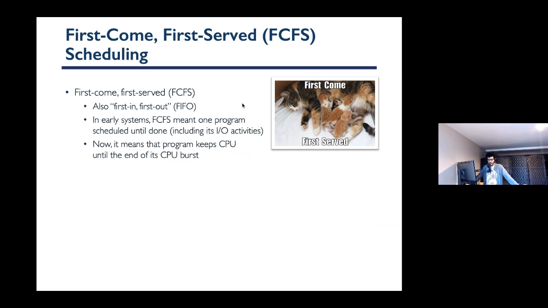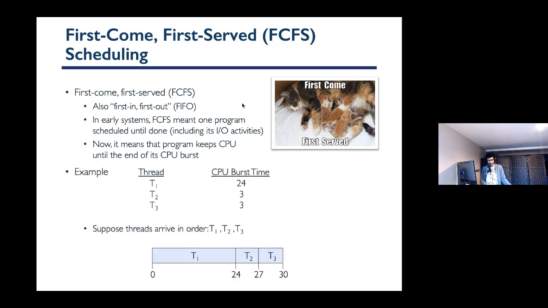So it's easy. Whoever is first, whoever has come first, they get to use the CPU. With this one, we're not going to preempt CPUs. So let's assume that we're not going to preempt because it's first come, first serve. So if you're first, you get to go, no matter how long you take. Once you're done, I put the next one.